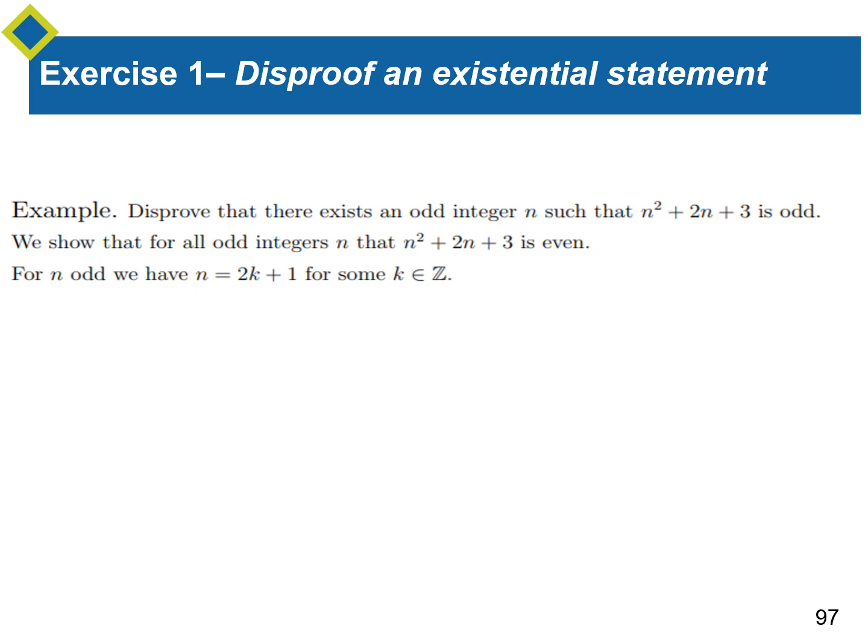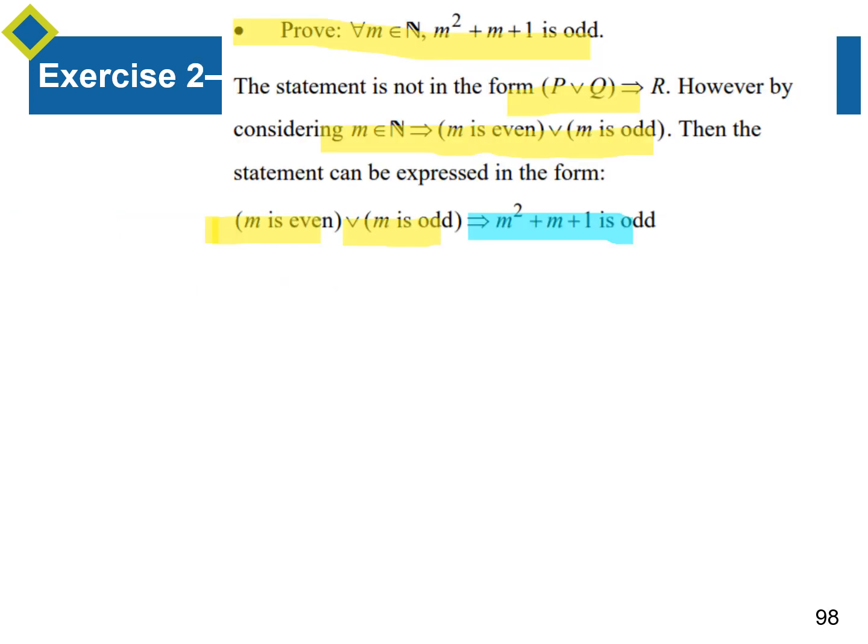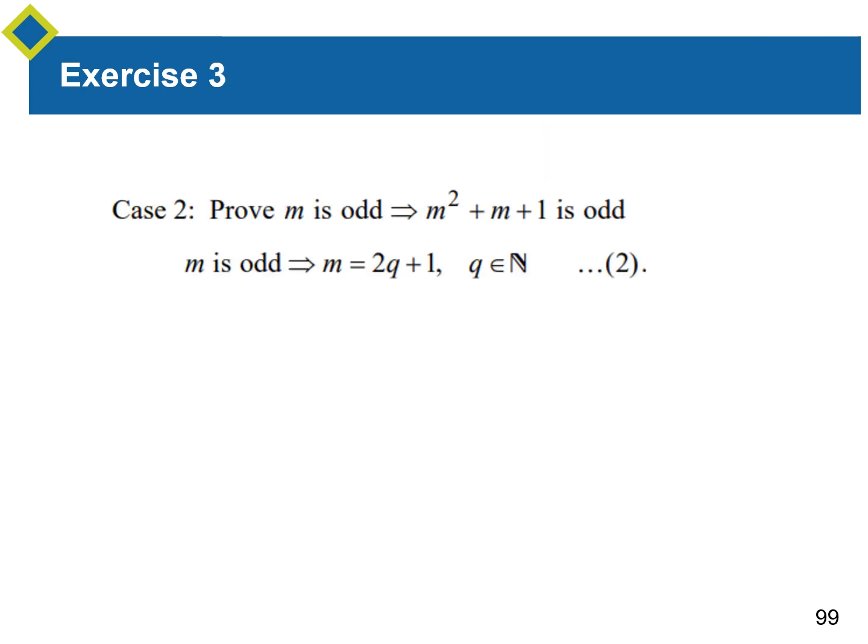The first question is about disproving that there exists an odd integer n such that n squared plus 2n plus 3 is odd. The second exercise is to prove the predicate. And the third one, just refer to Oceania, and please upload the answers for the exercises in PDF.